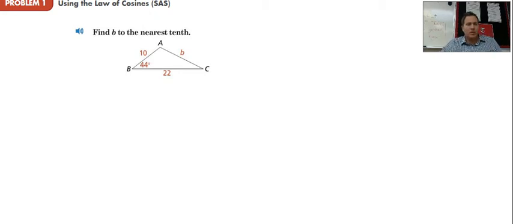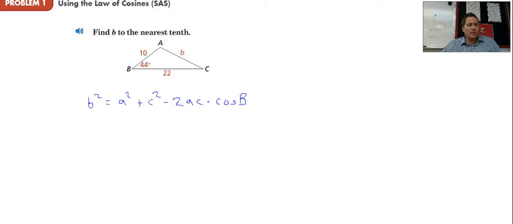If I'm solving for b, then b squared equals the two other sides, a squared plus c squared, minus 2 times both of those sides, a and c, multiplied by the cosine of B. So let's plug in everything that we have.